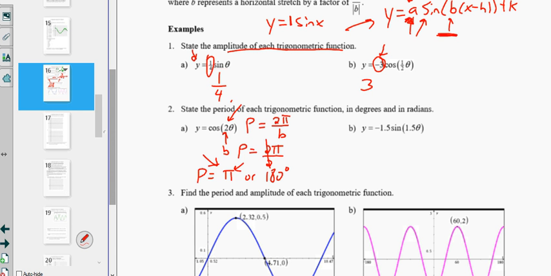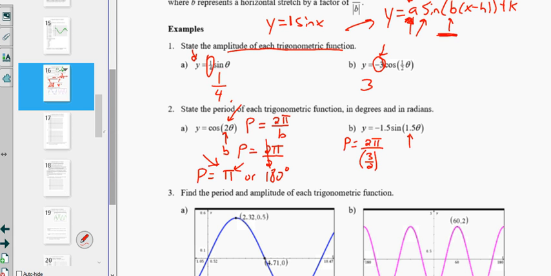Okay, so if I'm looking at the next one here, this will be my b value. So the period is equal to 2 pi over, now I could put in 1.5, that'll work, but I want to keep it as fractions here, so I'm going to call that 3 over 2.